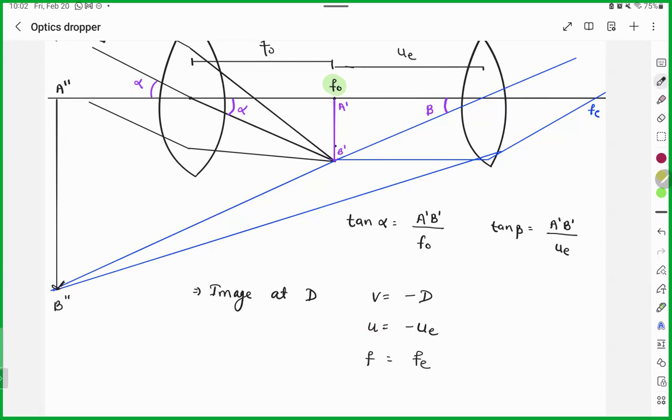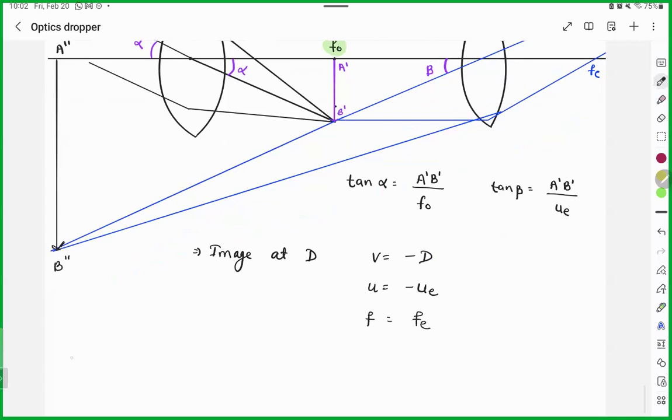And if you calculate your magnifying power M, this magnifying power is also known as the angular magnification that we have seen in case of previous question.